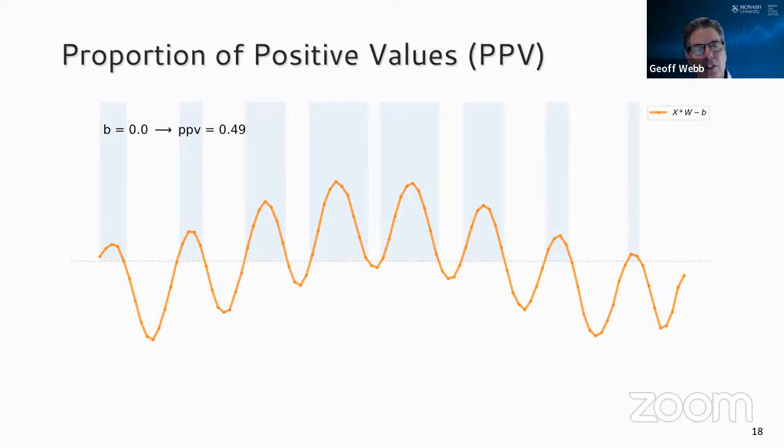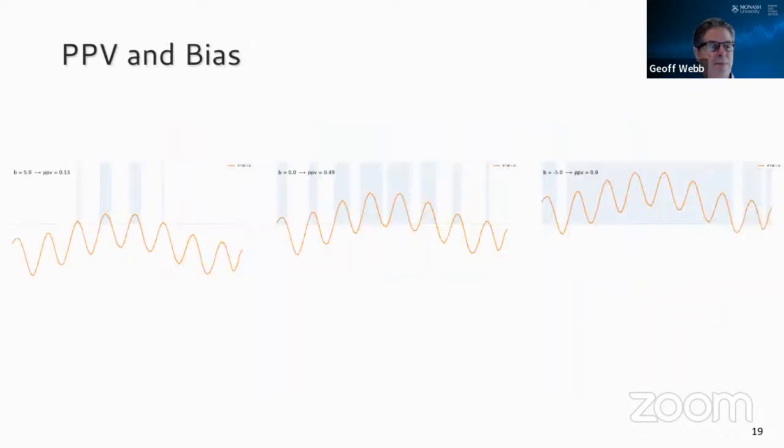The mechanism we use to do that is to extract a summary statistic from the convolutional output. We've developed a new one for our purpose of time series classification, which is the proportion of positive values. We simply look at what proportion of the values in the convolutional output are greater than 0. And it's that we pass on to the classifier, not the whole series.